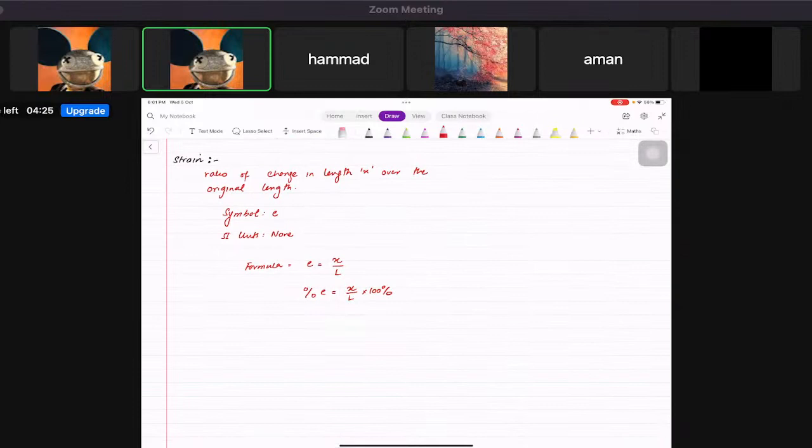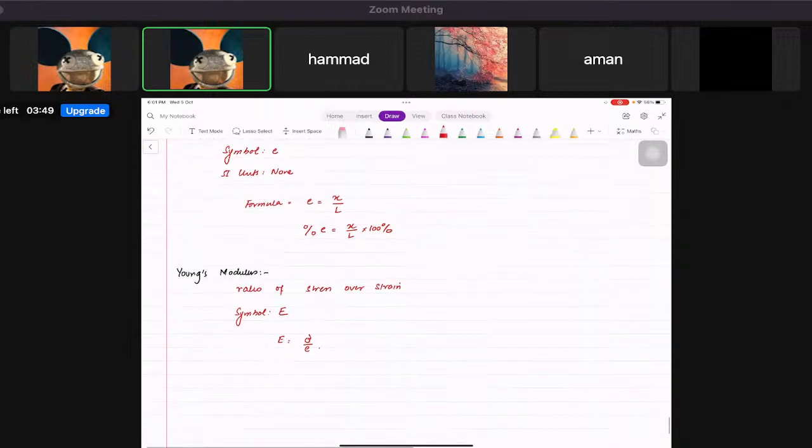The next thing we're going to do is Young's modulus. And Young's modulus has a very simple definition, really. It's a ratio of stress over strain. The symbol of Young's modulus is capital E, and the formula is E equals stress over strain.